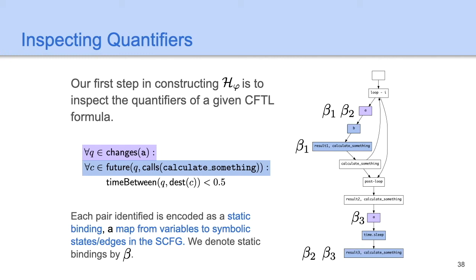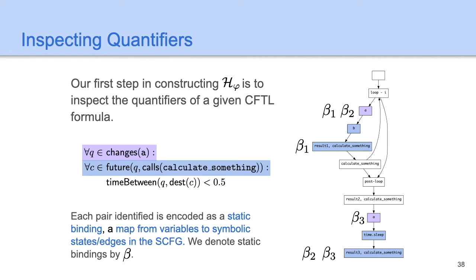And once we've performed this traversal with respect to the quantifiers, in this case we would get a set of pairs, which we call static bindings. Formally, each of these static bindings is a map from variables from the CFTL formula to symbolic states or edges in the symbolic control flow graph.